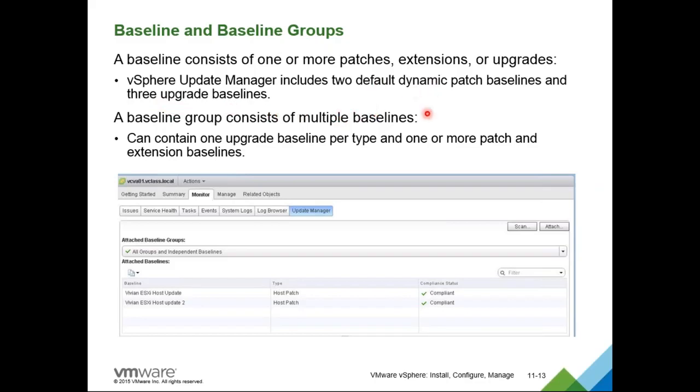It means your baseline group contains your ESXi host patch baseline, VMware Tools upgrade, VMware hardware version upgrade, and your virtual appliance upgrade baseline, which can all be in a single baseline group. Based on your environment, you can configure the patching mechanism. Is that clear, Shavan?